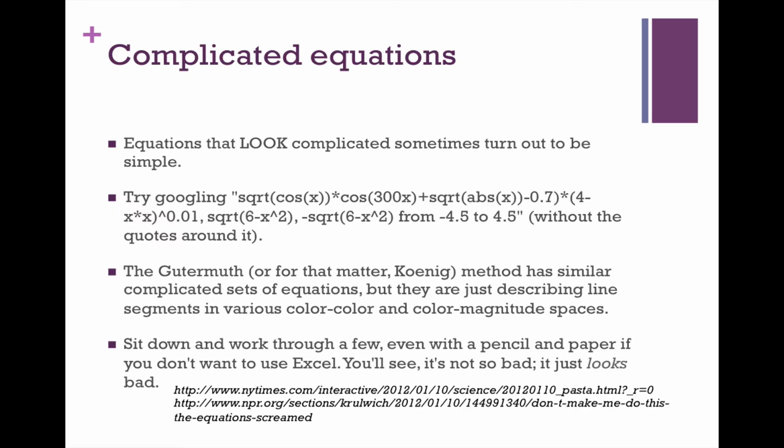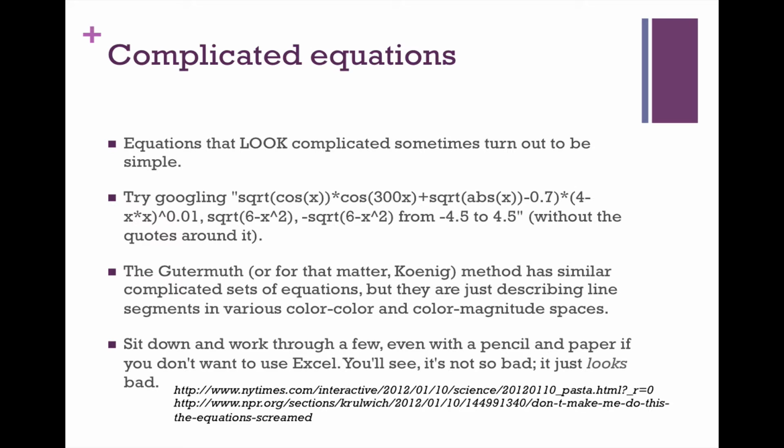Both Rob Gutermuth's approach using Spitzer data and Xavier Koenig's approach using WISE data have similar complicated looking equations, but all they're doing is describing line segments in these various spaces. So I don't think you should be intimidated by this. If you are, sit down and work through a few, even if it's just making a pencil and paper plot. It's not so bad.